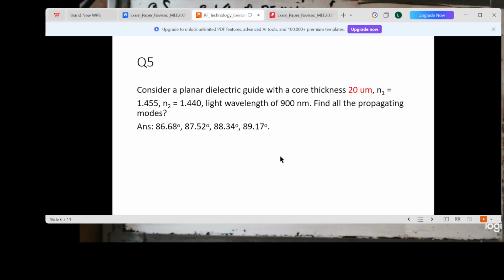So first, we need to calculate the V number. Using the information available from the question, you calculate the V number, and then with the V number, you find out the normalized propagation constant for all modes.